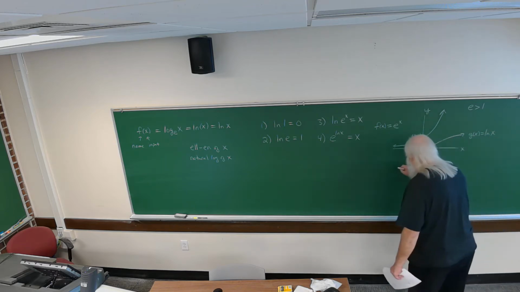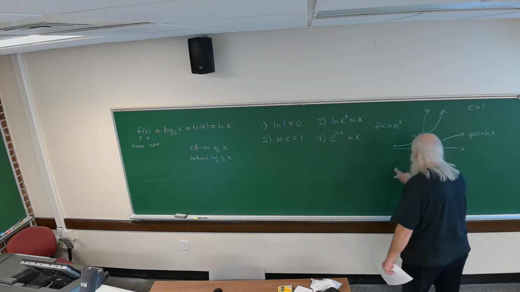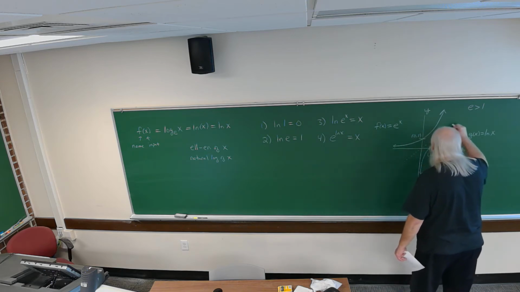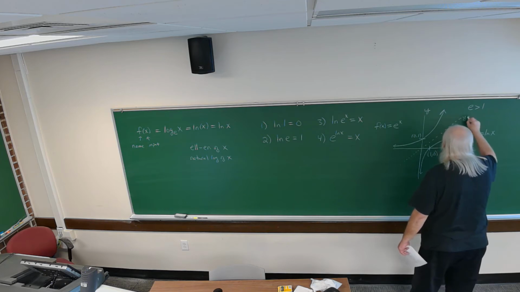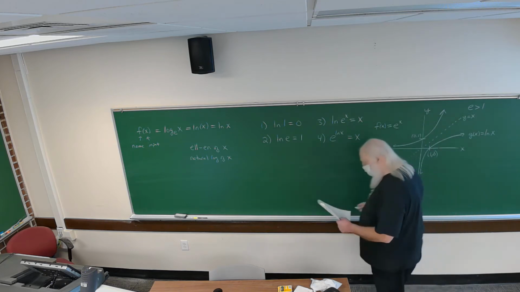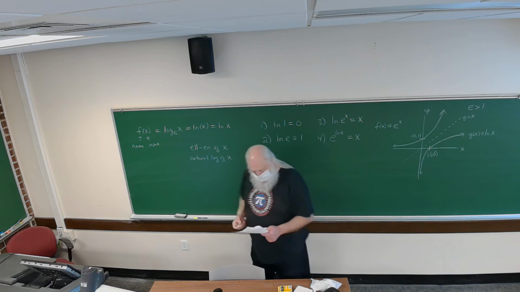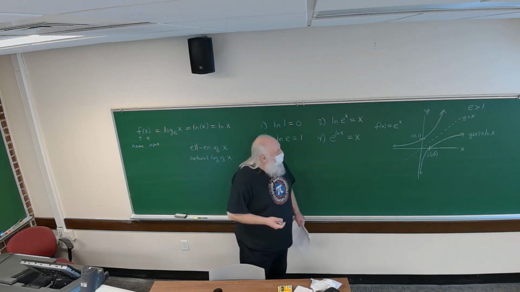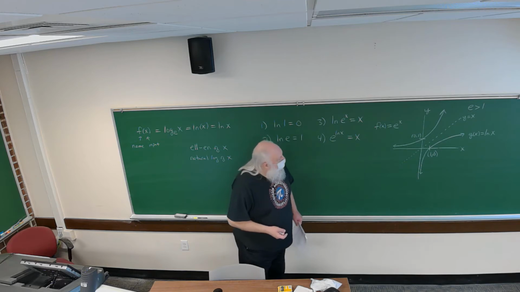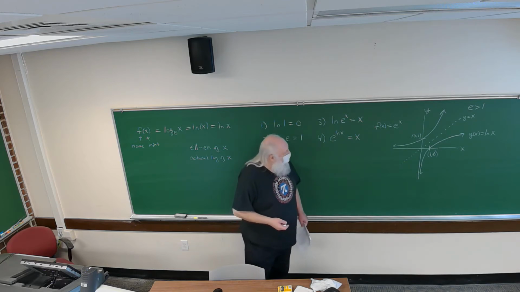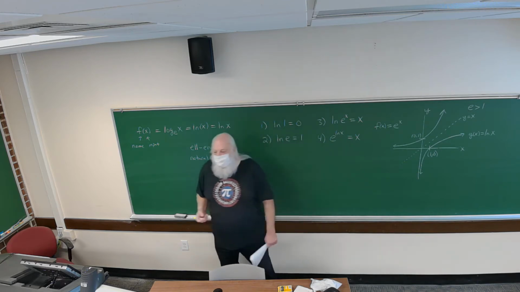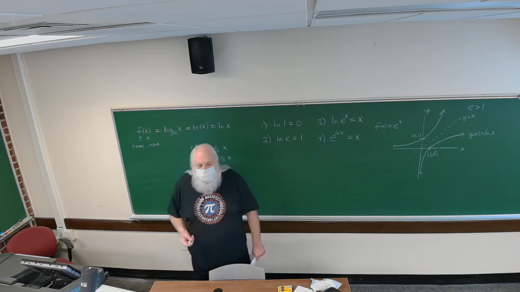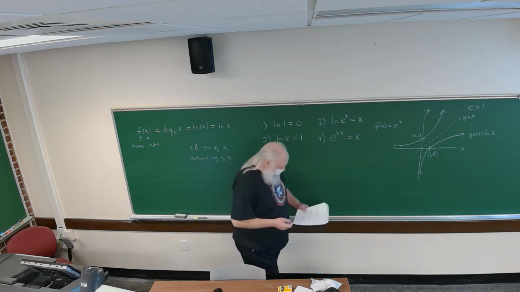And remember, those two graphs are reflections of each other across the diagonal line y equals x. So that's a graph of e to the x and the natural log of x, and they're inverse functions of each other.